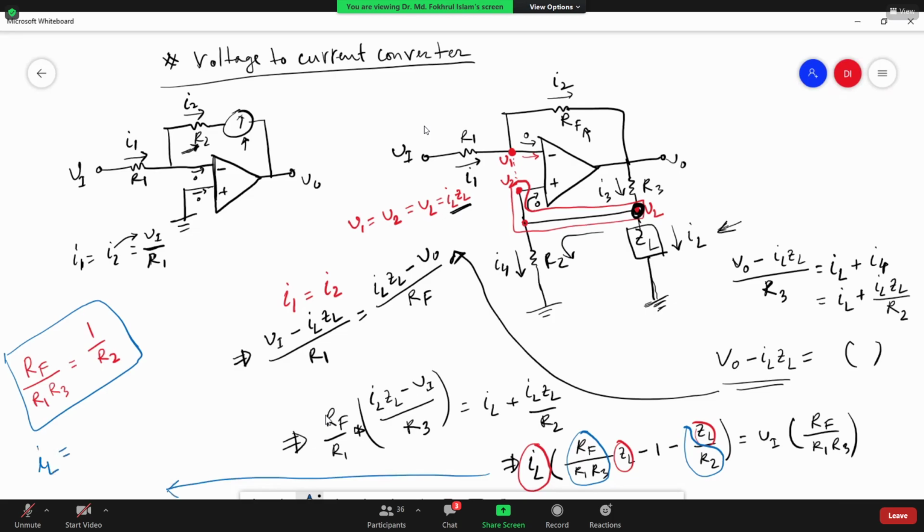And if this condition is fulfilled, then we can find IL from here: IL equals minus VI into RF divided by R1 R3, or we can say minus VI by R2.